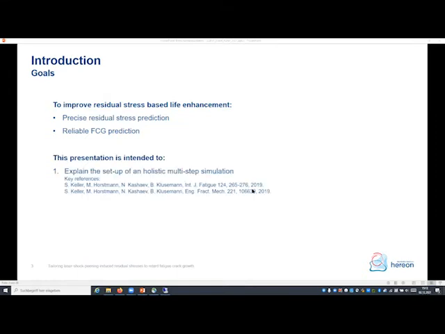Now with this talk, I want to explain how we can set up a holistic simulation chain from laser shock peening process simulation to calculate residual stresses in the overall residual stress field, and then to predict the fatigue crack growth in these introduced residual stress fields. And in a second part of this presentation, I want to explain how we can tailor residual stresses to reach a certain level which might be needed to cause fatigue crack growth retardation. And this is done by prestresses.